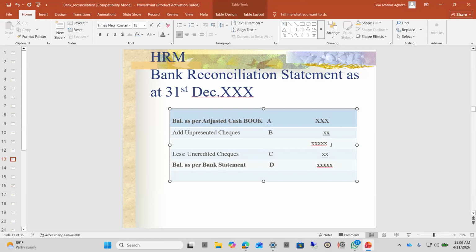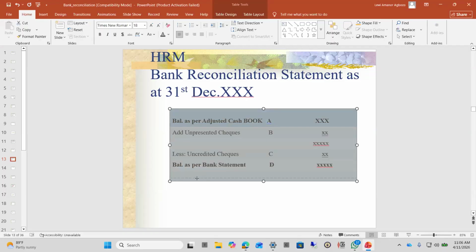The reason I want you to note what I'm trying to show you is that there could be a circumstance where you are given the bank balance, but you are not given the cash book balance. You can work it from reverse. Do you understand? Yes.